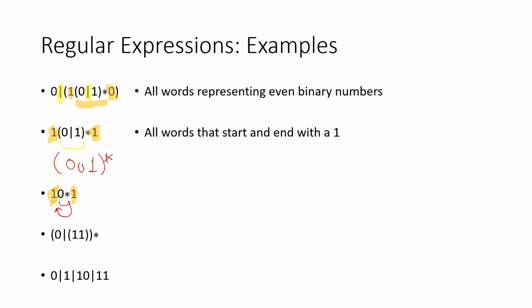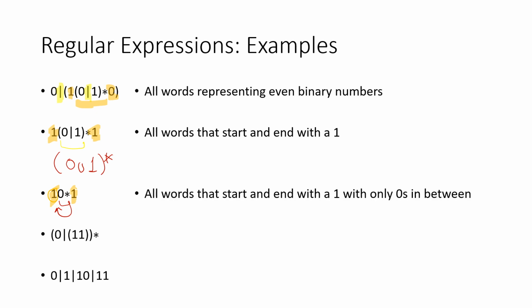So it's going to be 1, and then any number of zeros repeated, and then a 1. So these are all words that start and end with a 1 with only zeros in between. Okay, so hopefully that's starting to become a little bit more clear as to what these expressions are denoting. Let's continue.